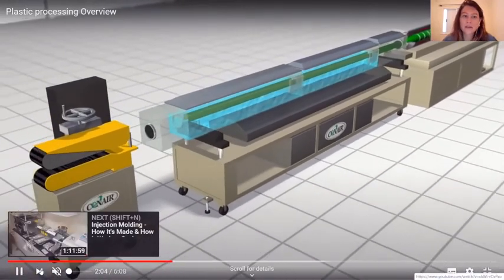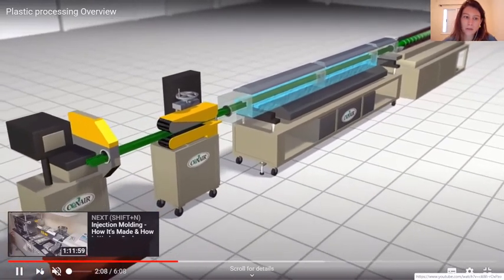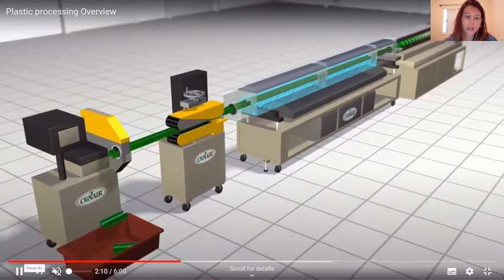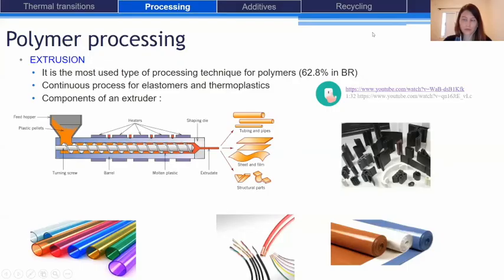And in that case, we have a next step, which aims at cutting the extruded polymer. Films, tubes, and such profiles are produced with extrusion.